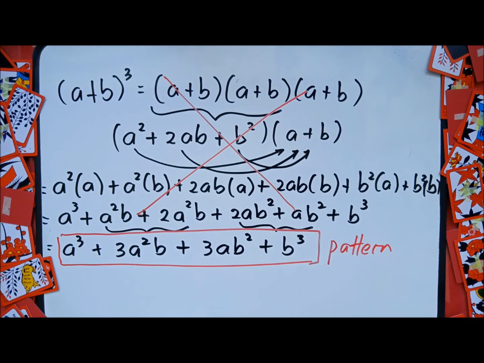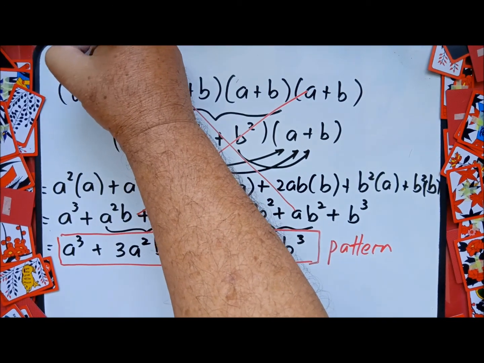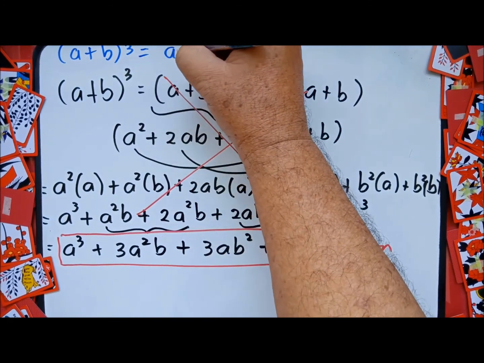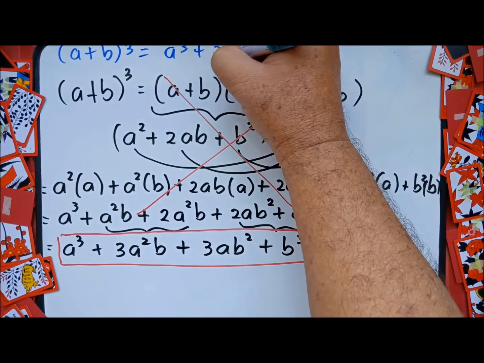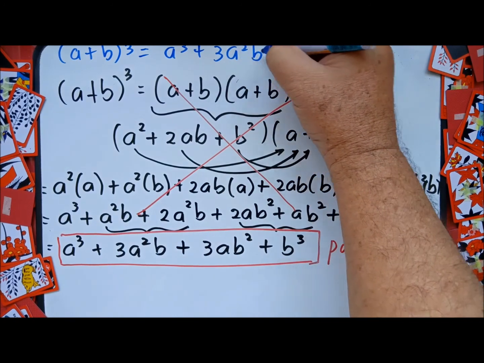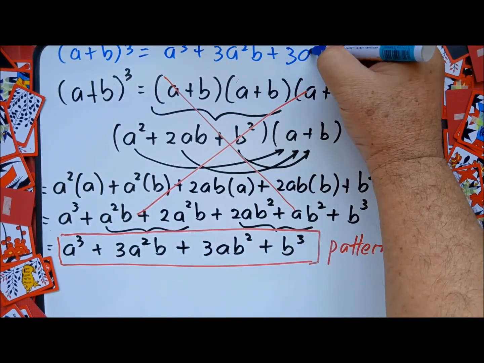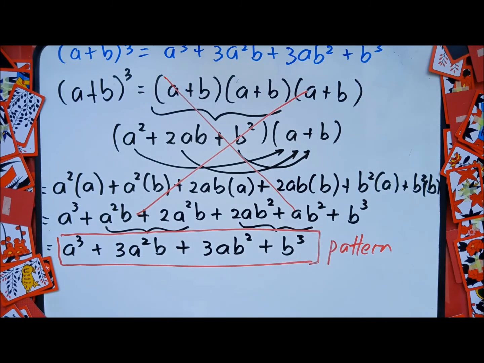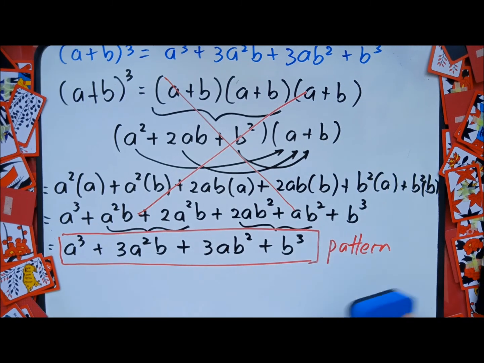So A plus B cube is equal to A cube plus 3A squared B plus 3AB squared plus B cube. That will be our pattern.